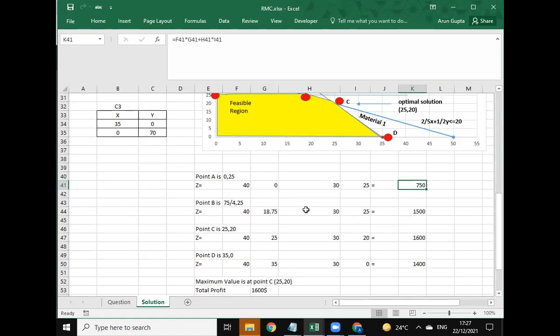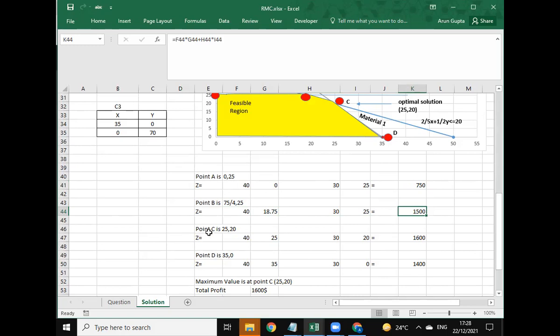And again, the second part we have provided as F44 into G44, plus 30 into 25. That is I44, which has the answer for point B, which equals 1500.